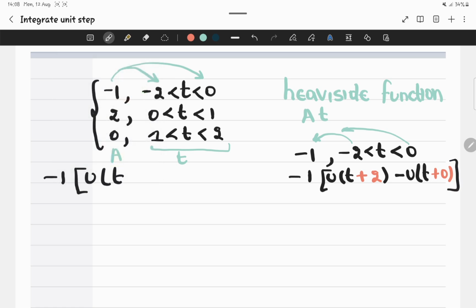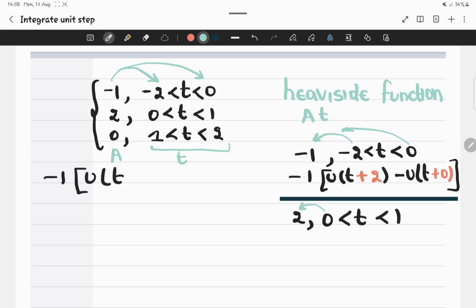Okay, so we have something like this. Let me take another one so you can see how it goes before I continue. 2 on the interval 0 to 1.